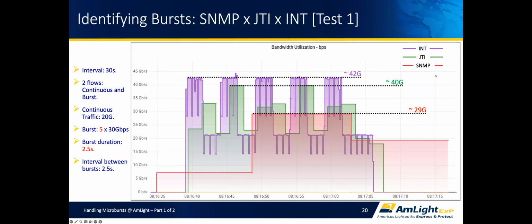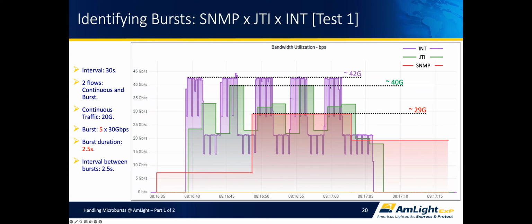To show some examples, the interface is 40 gigs. She created 2 flows: one flow of 20 gigabits per second, and then she added 5 bursts of 30 gigabits per second, meaning she's trying to get to 50 gigs, but the interface is 40, so there will be congestion, and that's what we want to see. Each burst lasted 2.5 seconds. You can see here in purple the INT with all those valleys and mountains going up 5 times.